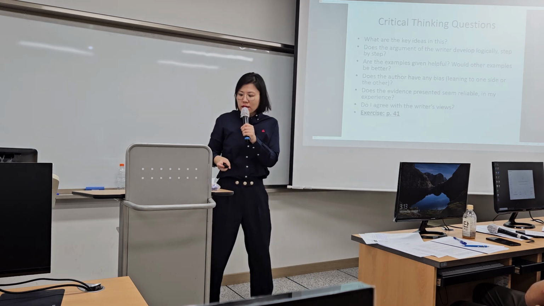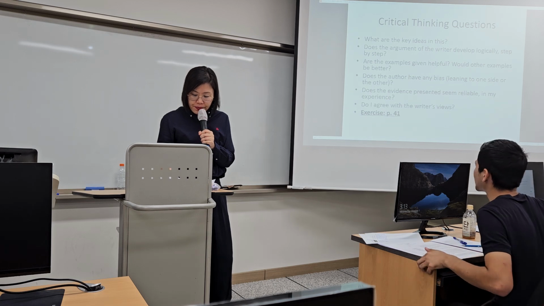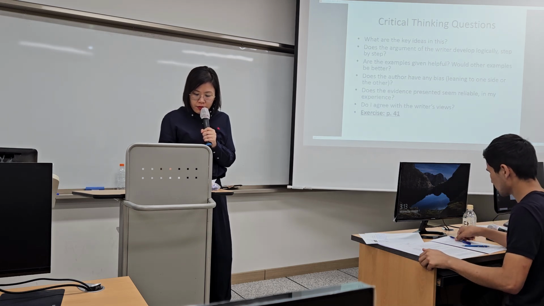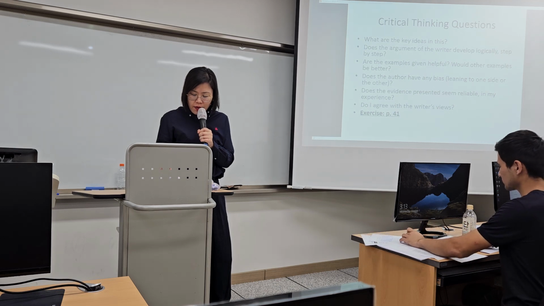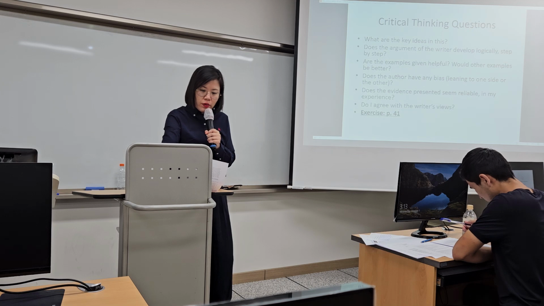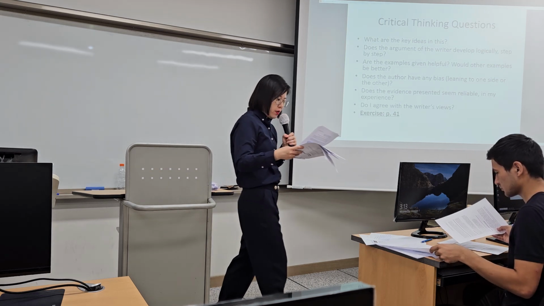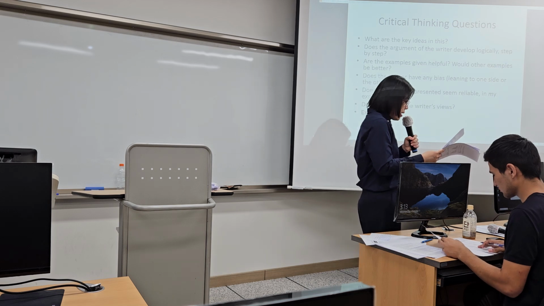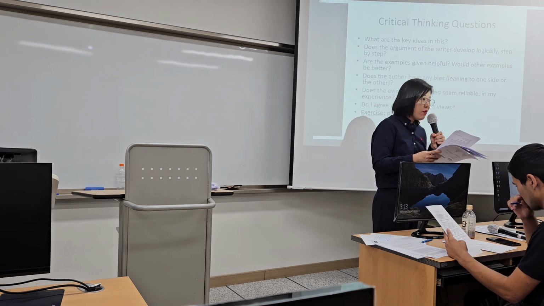Okay, let's do some exercise for critical thinking as well. Let's go to page 41. It says, read critically the following two articles, 5.1 and 5.2, on universities. After you read them, list any statements from article 5.1 and 5.2 that you find unreliable.